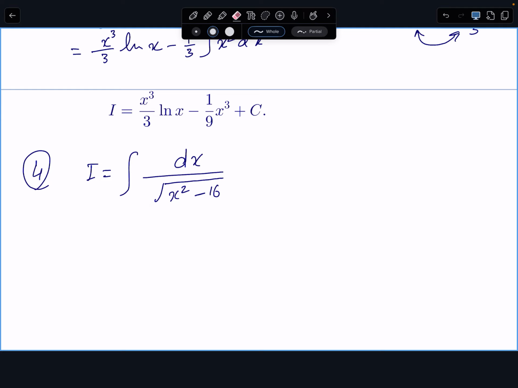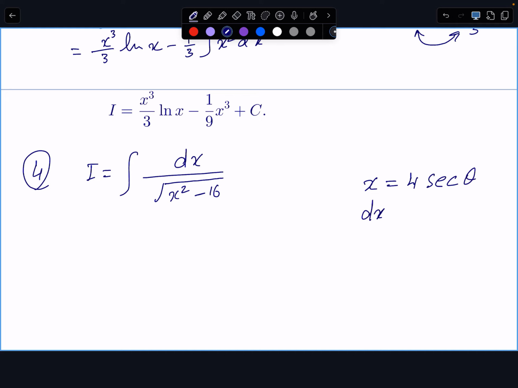So we're going to say x equals 4 secant. Here we have 16, we say 4. If we have 9, we say 3. If we have 4, we say 2. If we have 25, we say 5. Okay, 36, we say 6. Secant theta.